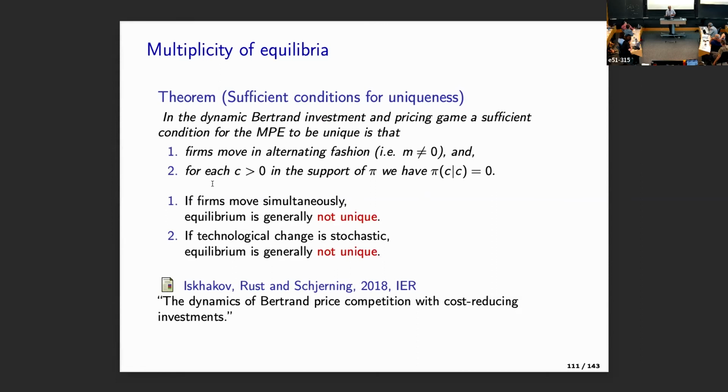The second condition is that the technological progress has to be strictly monotone. So at each time period, the probability of the state-of-the-art technology remaining the same has to be 0. And that seems to be a bit strong in application. So we don't have necessary conditions, unfortunately. But generally, equilibrium is not unique.